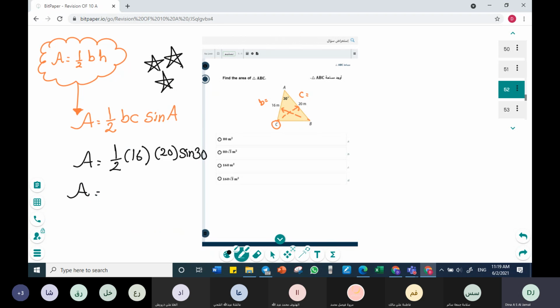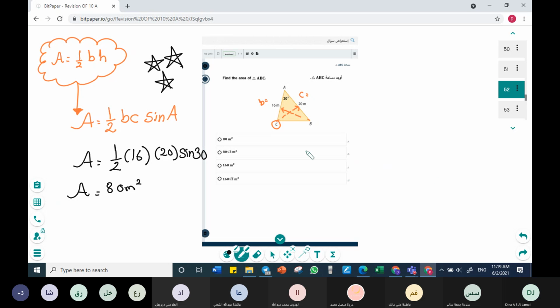Use your calculator, substitute, and give me the answer. 80 meters squared. So which choice is this?